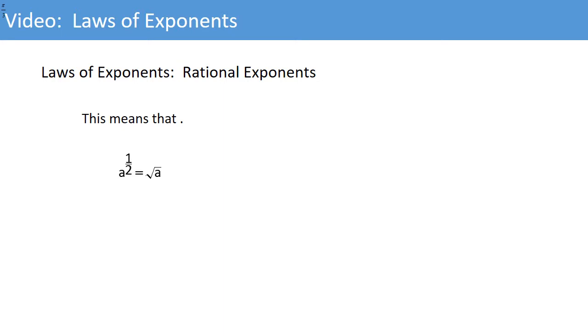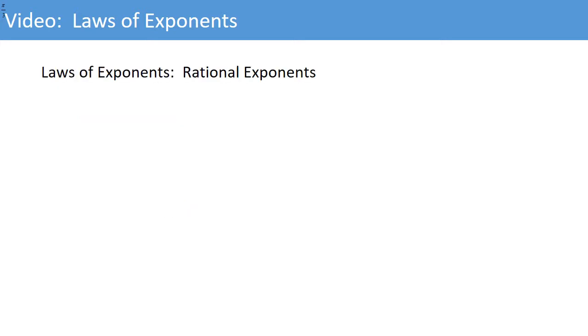The square root, square means 2, and the denominator is 2. Here is an example. 49 to the exponent 1/2 is equal to the square root of 49, which is equal to 7.